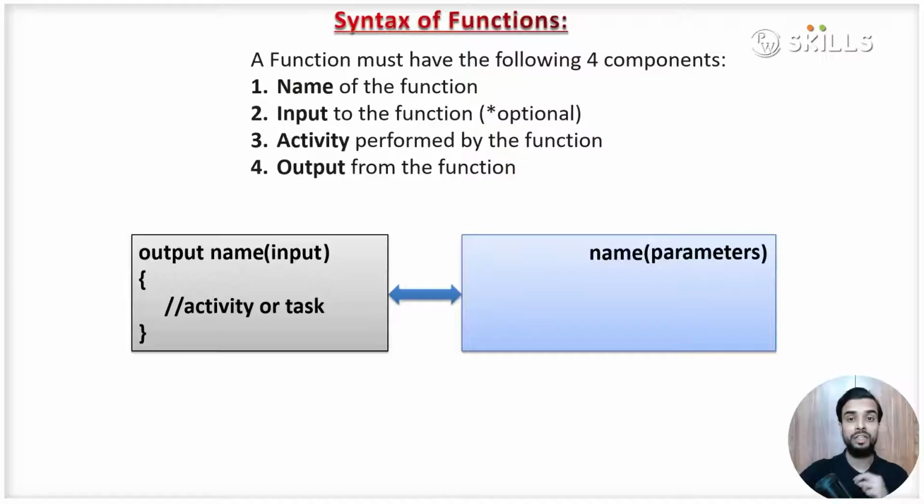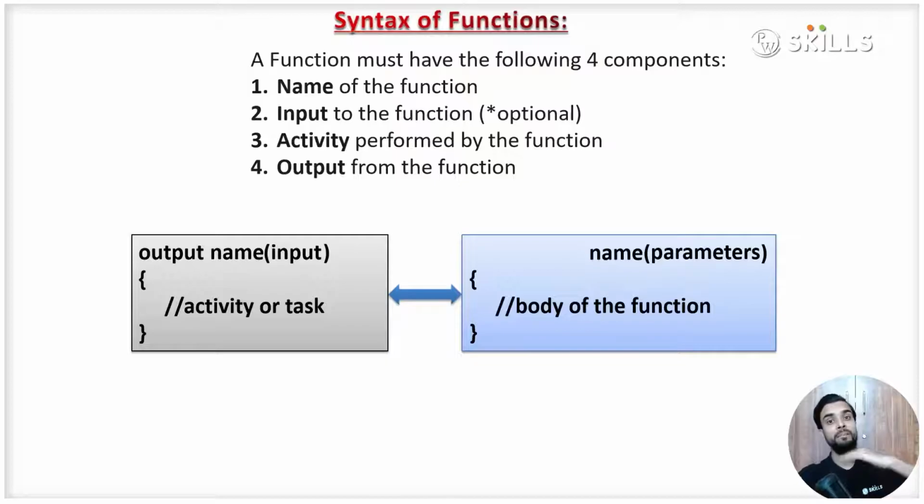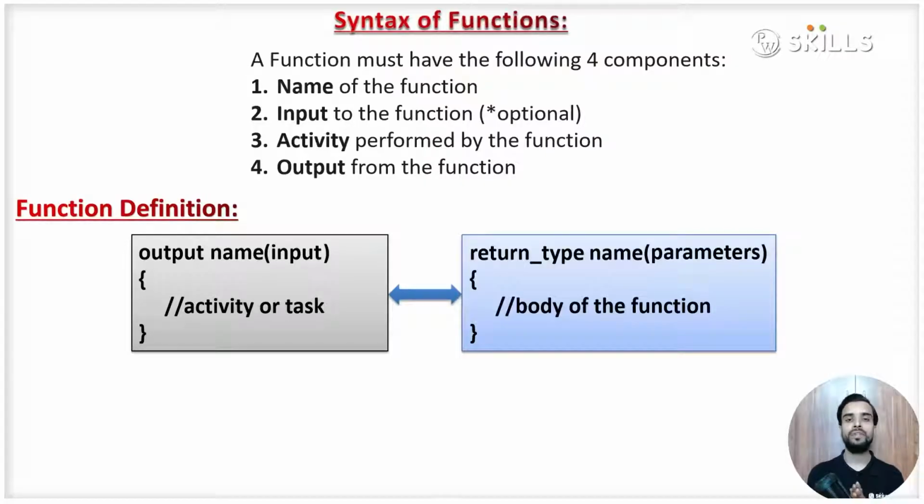And the activity or the task that the function would be performing, technically we refer to it as the body of the function. And whatever output the function would be returning back to the caller, that is what we technically refer to as the return type of the function. This is how technically the components of a function are supposed to be explained. Please understand, this is what, my friends, is referred to as the function definition.